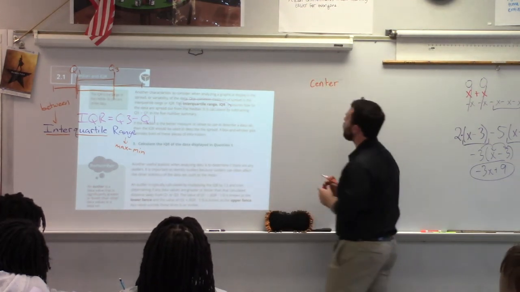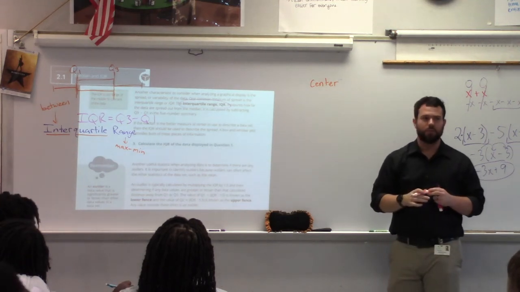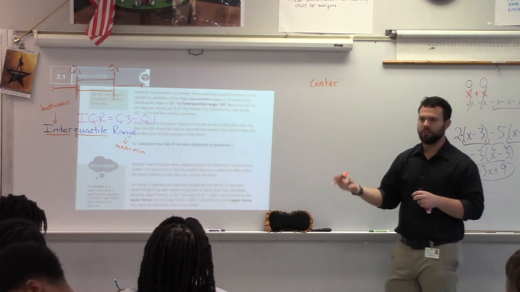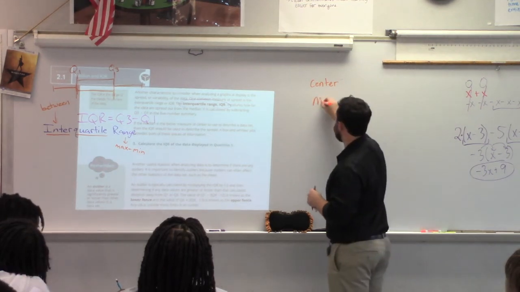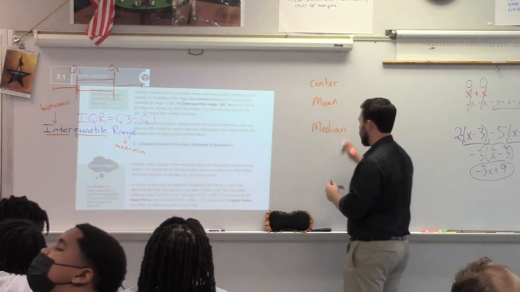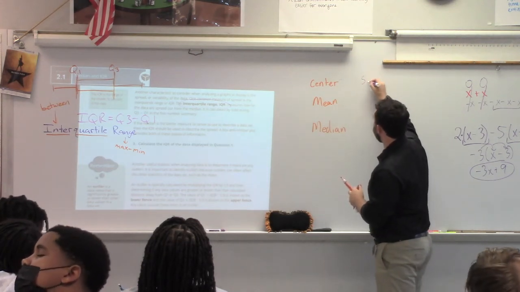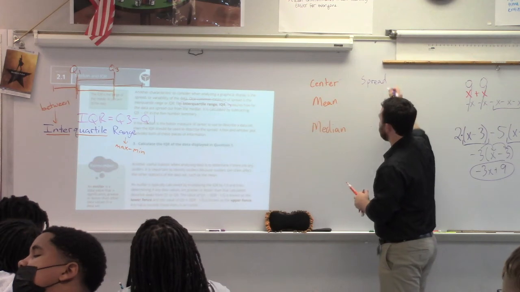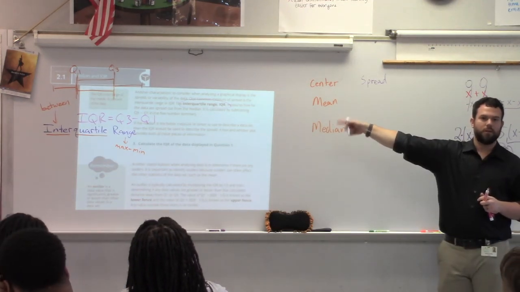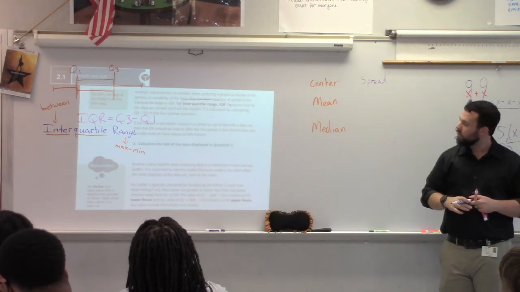We talked about two different types of center so far. What are the two main types we've talked about in this lesson? Mean and median. We are finding out here what measure of spread goes with the median. Read the notes. What does it say?